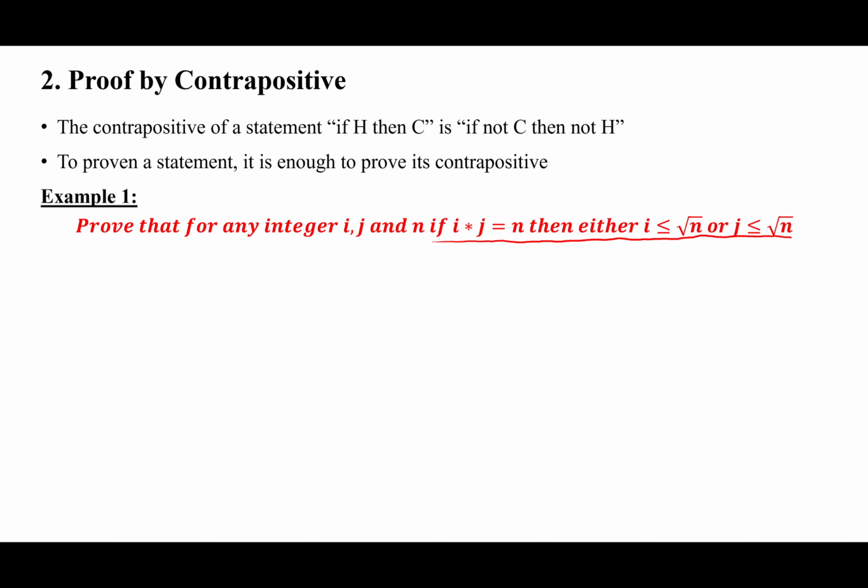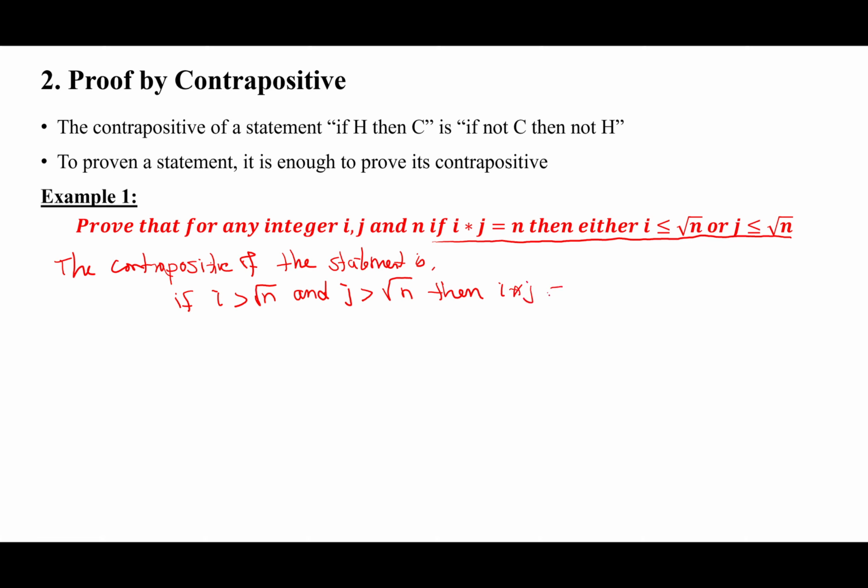The contrapositive is, if i is greater than root n and j is greater than root n, then i times j is not equal to n.